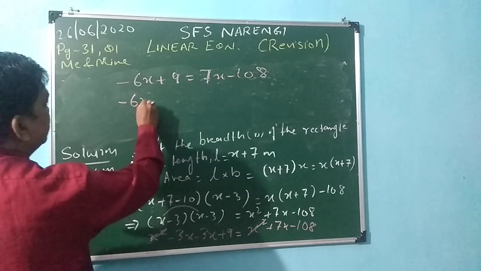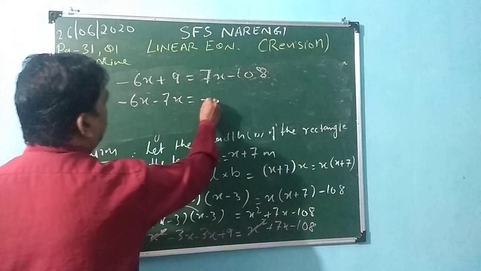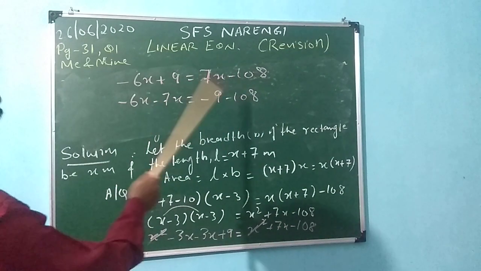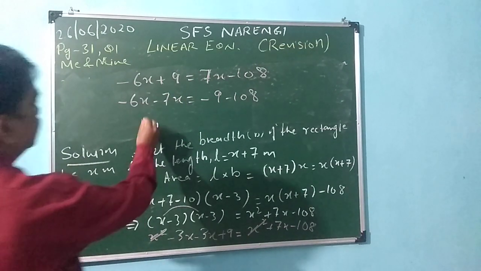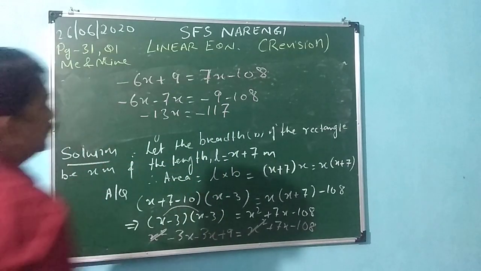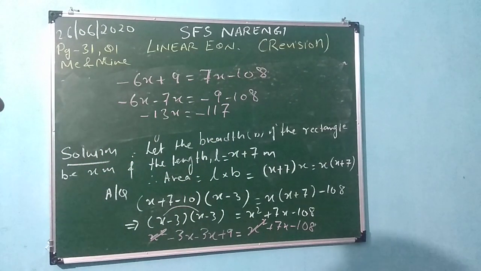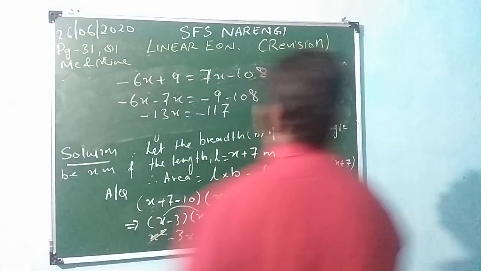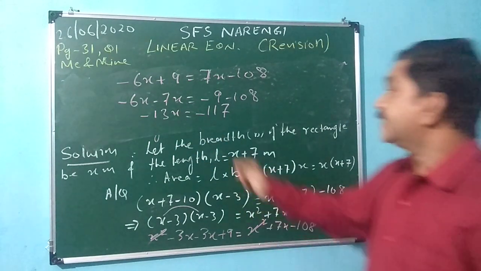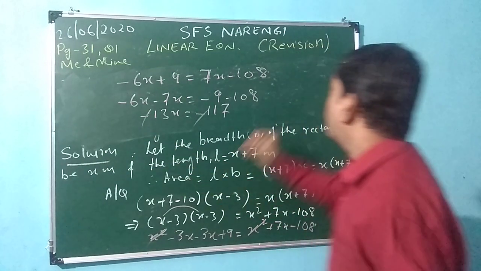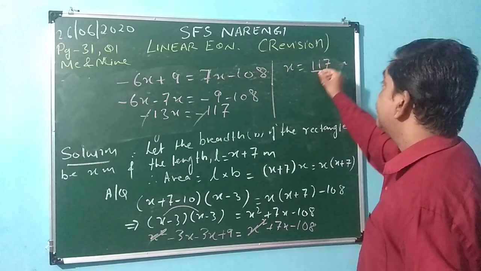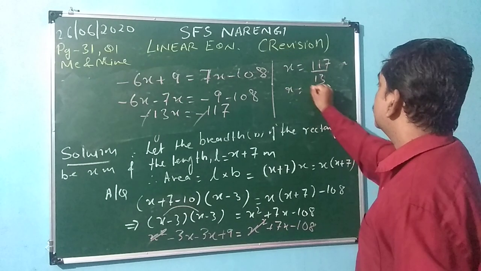So minus 6x minus 7x equals minus 9 minus 108, because when this plus 9 goes to this side, it becomes minus. So this is minus 13x is equal to minus 117. Clear? When both the sides are minus, cancel the minus signs. What you will get? X is equal to 117 by 13. So x is equal to 9.